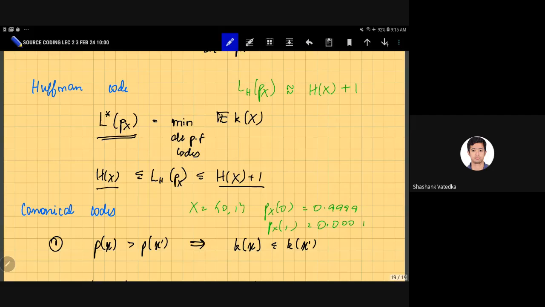The minimum expected length that you can achieve is 1 bit, because you need at least 1 bit assigned to each code word. But on the other hand, the entropy is close to 0 bits. Right? So the best possible code can get you only roughly H of X plus 1 bits.